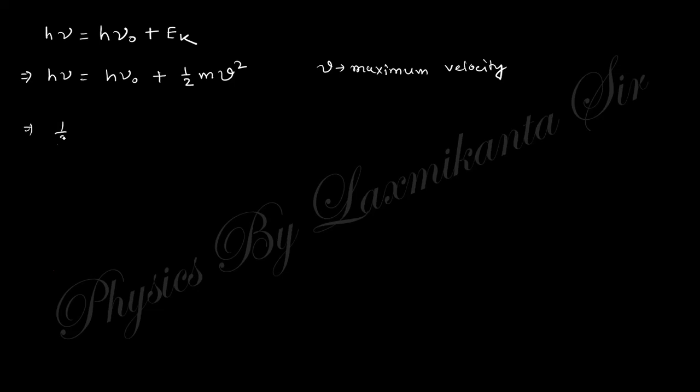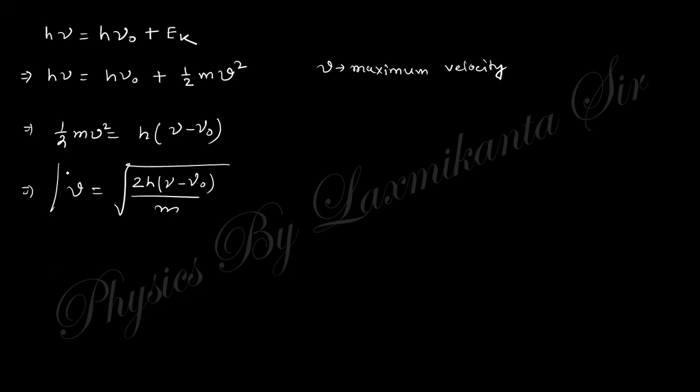So half m v square is nothing but h times (nu minus nu naught). So the maximum velocity is the square root of 2h (nu minus nu naught) by m. This is the expression to find the maximum velocity.